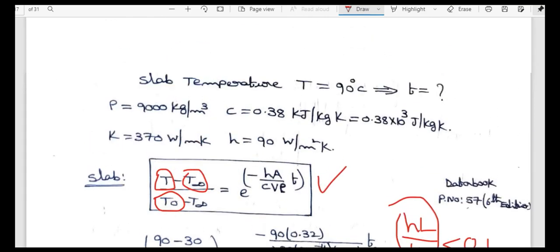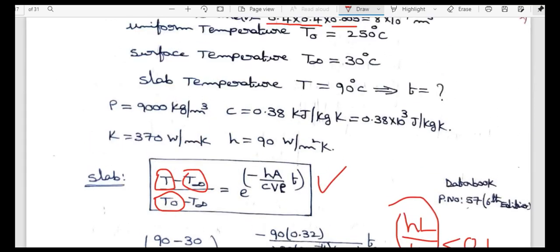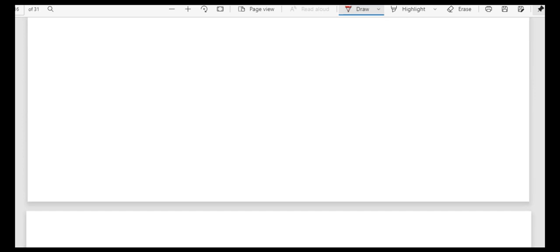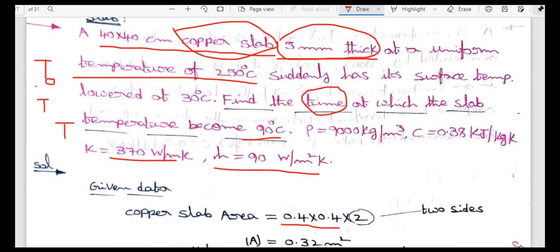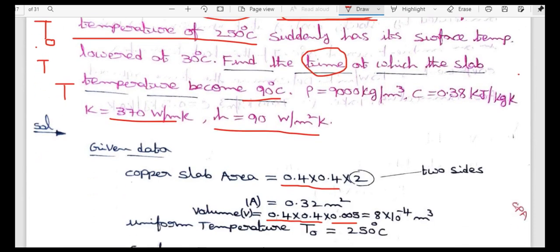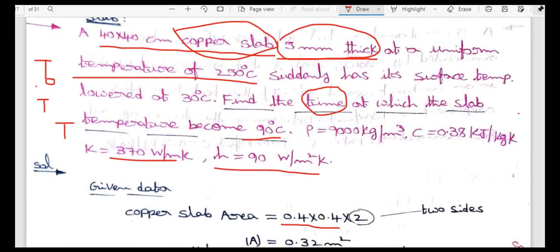Now I am substituting values in this equation. The area value is 0.4 by 0.4, copper thickness is equal to 5 mm. The uniform temperature means surface temperature, that means T naught is equal to the temperature of 250 degrees.